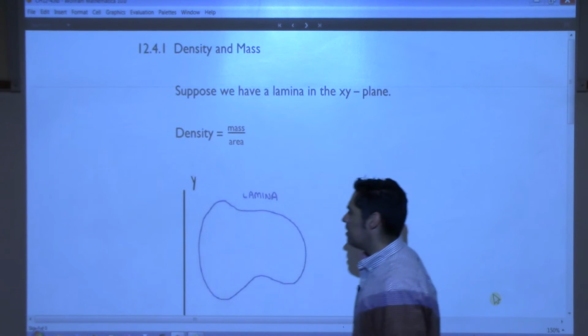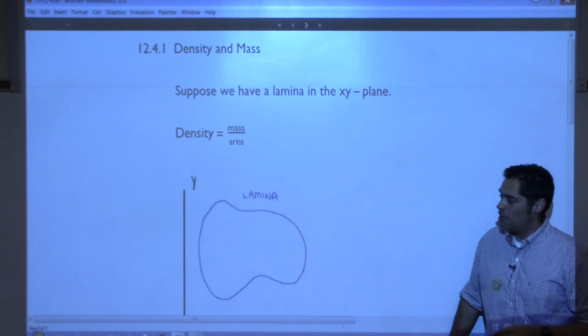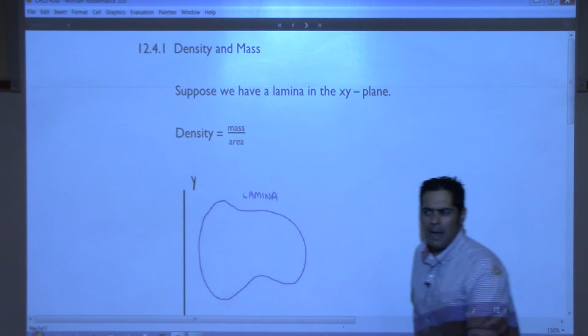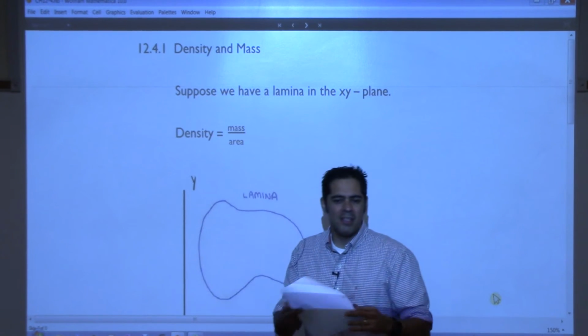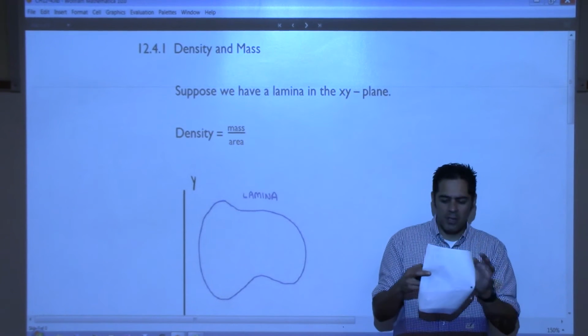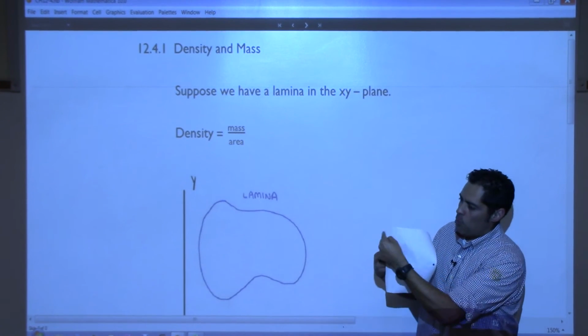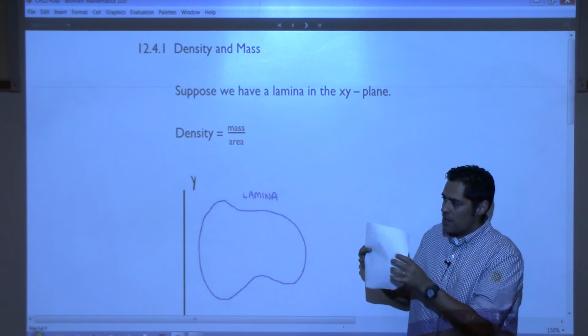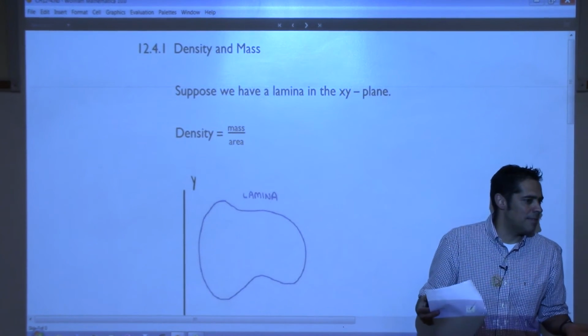What we deal with in terms of laminas are what are called homogeneous laminas, which are laminas like a sheet of paper, where we assume basically the density is always the same. If you cut out a 1 inch by 1 inch square from anywhere here, take two of them, and weigh them, they should weigh about the same, right?